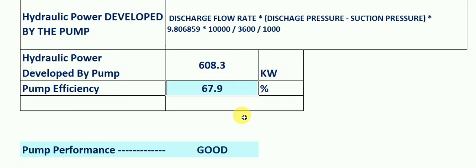We want to add losses in the impeller and losses in the casing, because first the impeller is increasing the velocity of the liquid, and then from velocity to the pressure energy it is increasing in the casing. So dual energy conversion is happening here. So the efficiency we have, loss of 32%. Okay, that's it.